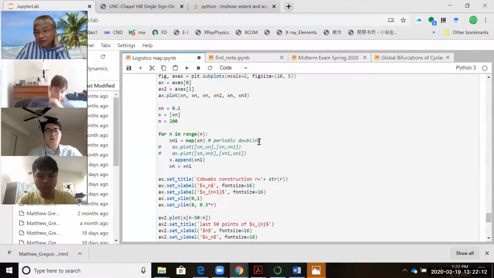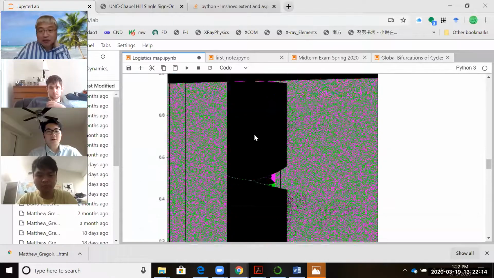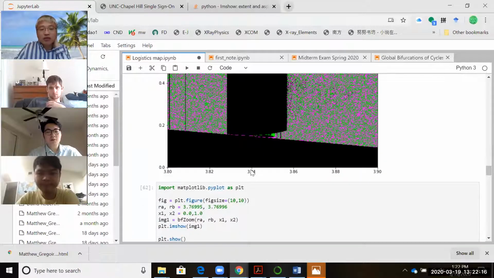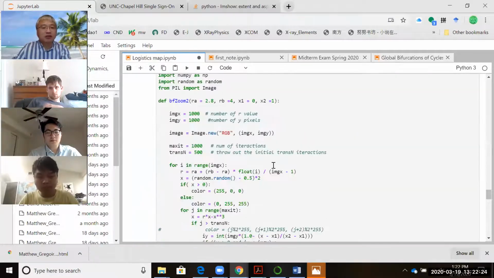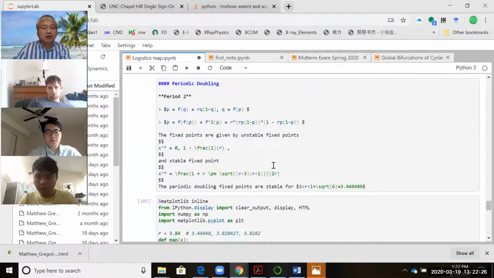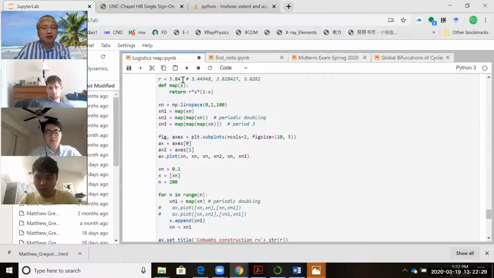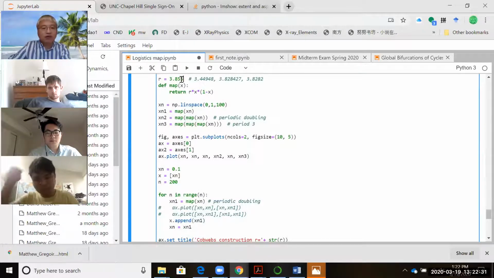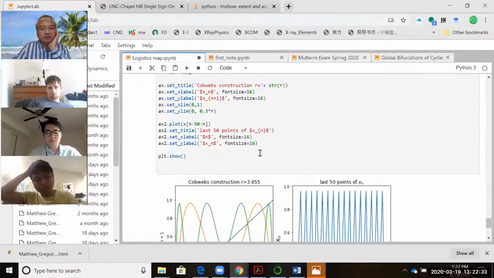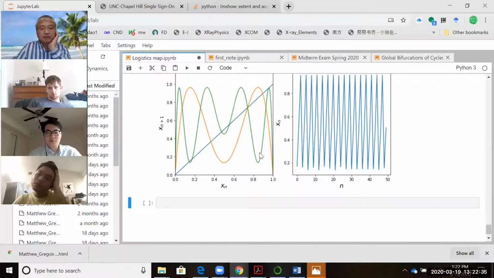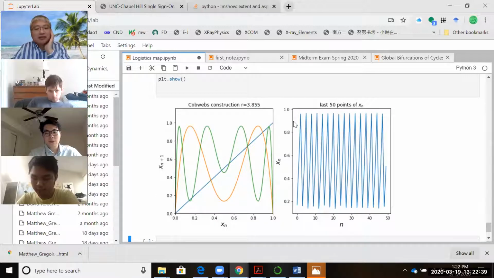Where is that window where it becomes chaotic? 3.84 is still period 3. If I go to something like 3.855, I think it should be chaotic. Let's say 3.855. It doesn't look chaotic, does it? No.